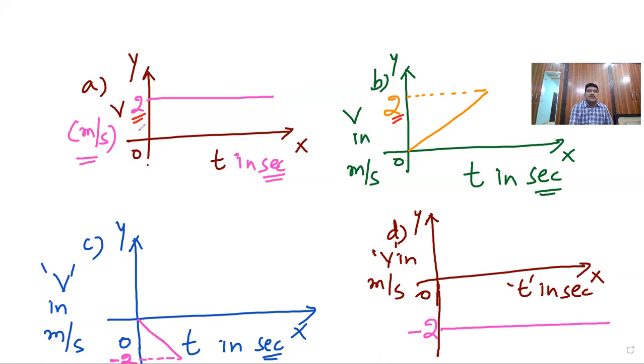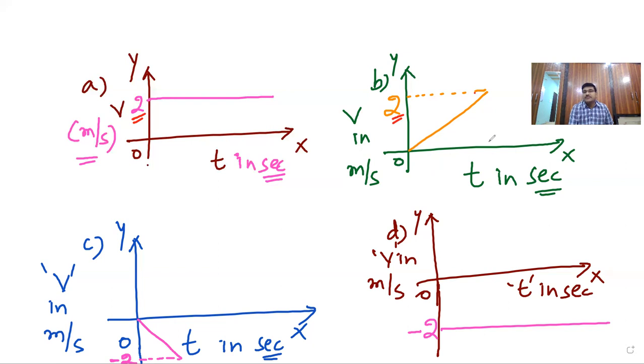First option says 2 meters per second velocity, positive velocity, constant velocity. As time is passing, constant velocity, but positive. Whereas in the second option, velocity is 2 meters per second here. But observe velocity as time is passing: 1 second, there is a difference; 2 seconds, there is a difference.